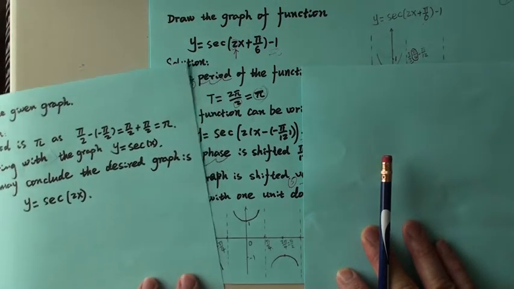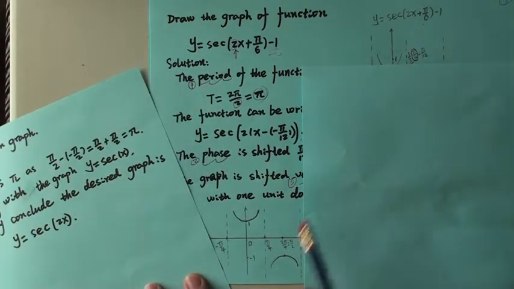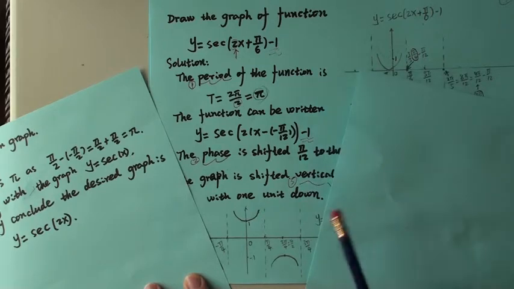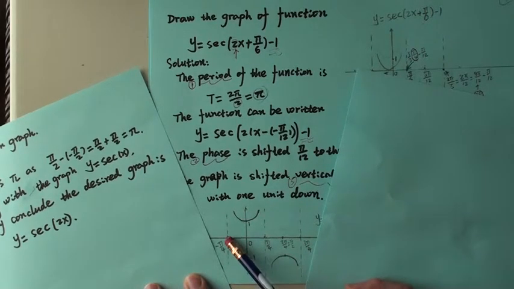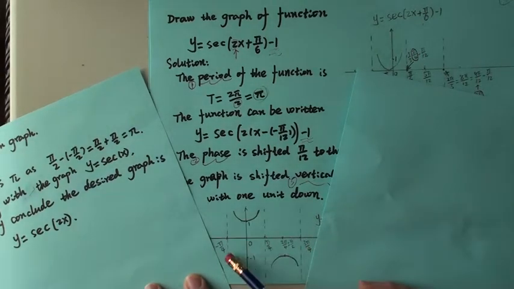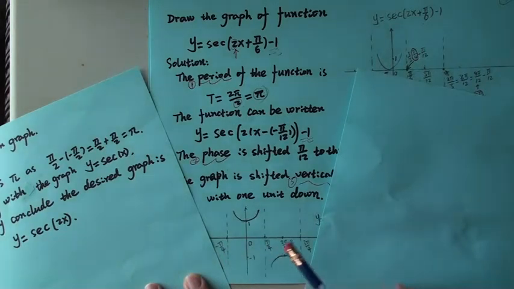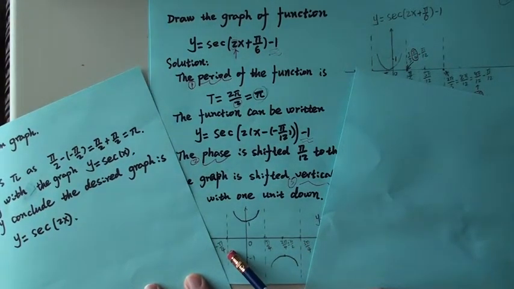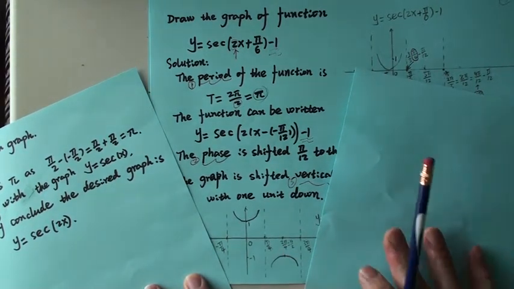That's from negative pi over 4 to 3 pi over 4. 3 pi over 4 minus negative pi over 4, the distance is pi.